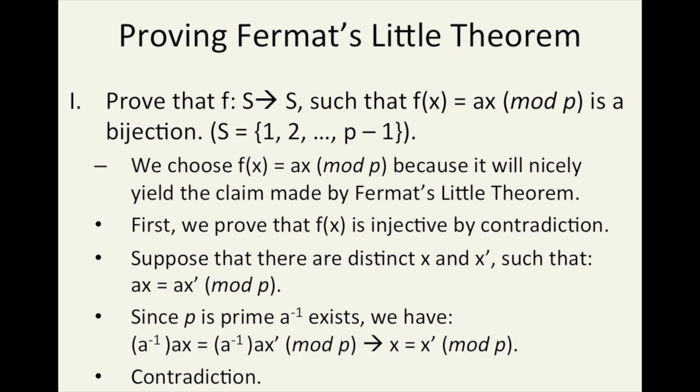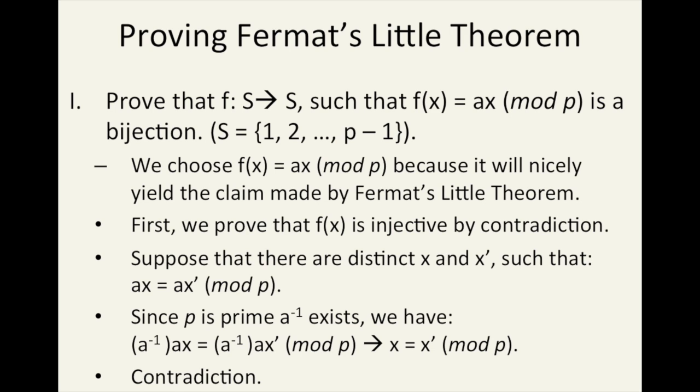First we're going to prove that it's injective, or one-to-one. We're just going to do this with a really quick proof by contradiction. Suppose that there are different numbers, x and x prime, so like maybe 1 and 2, and it is possible that ax is the same value as ax prime in the world of mod p.